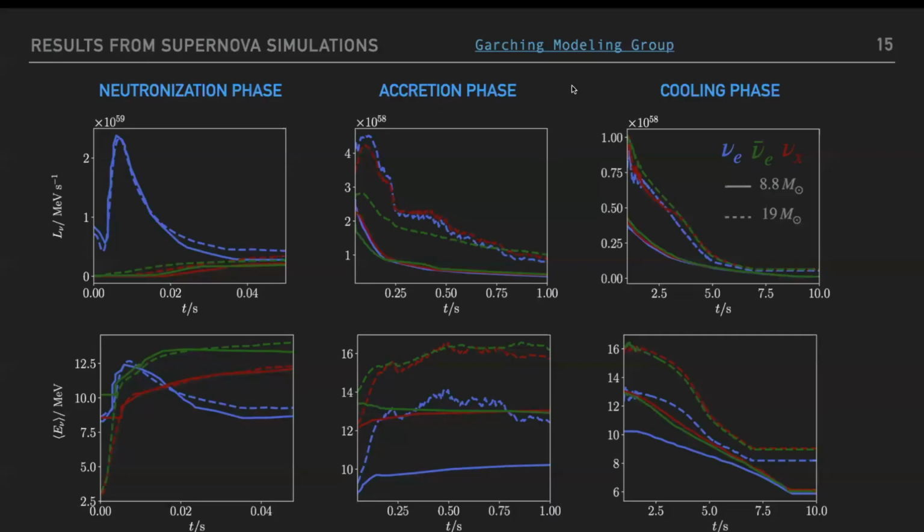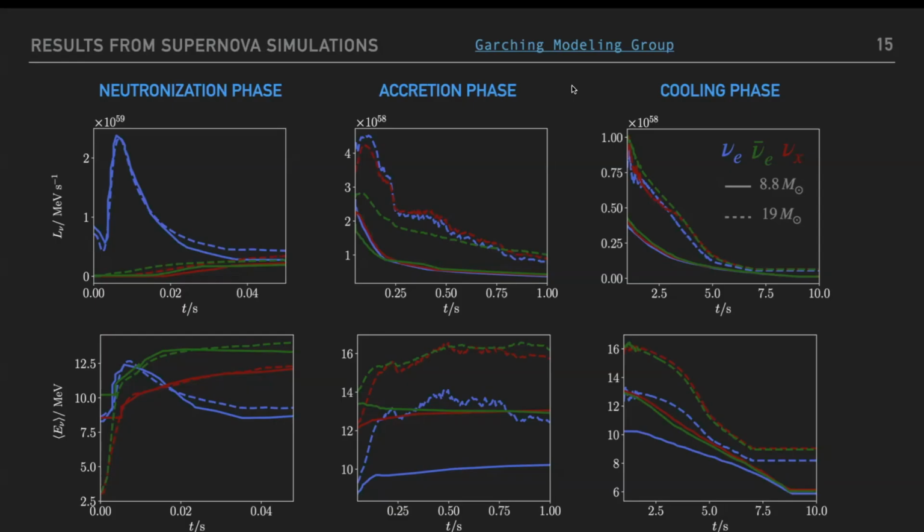In this plot, I'm comparing the behaviors of neutrinos coming from 2 different supernova progenitors taken from the Garching modeling simulation group, of 2 different masses: one of about 9 solar masses, depicted in solid line, and the other of 19 solar masses, shown in dashed.